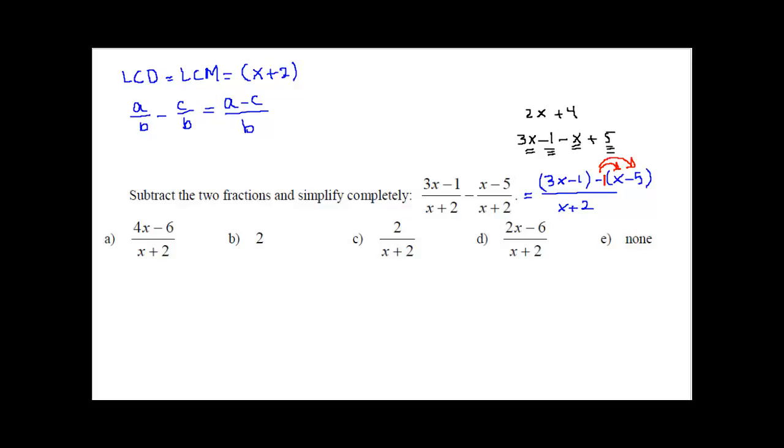So at the top of the fraction, looks like I get 2x plus 4, and the bottom of the fraction I get x plus 2. As you see, we don't have any of those choices here.